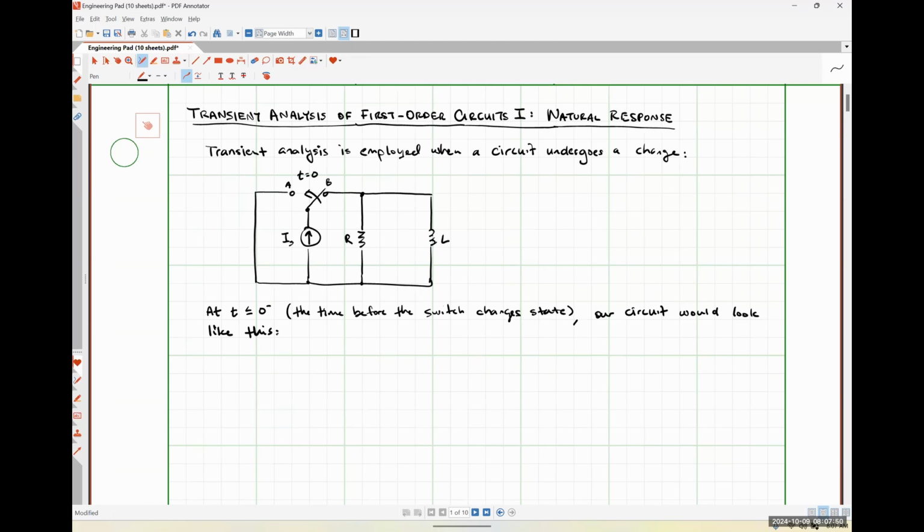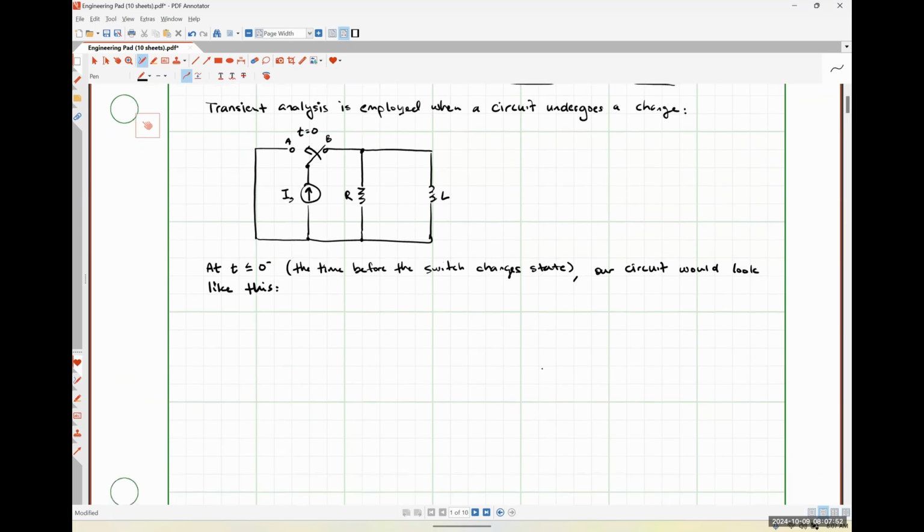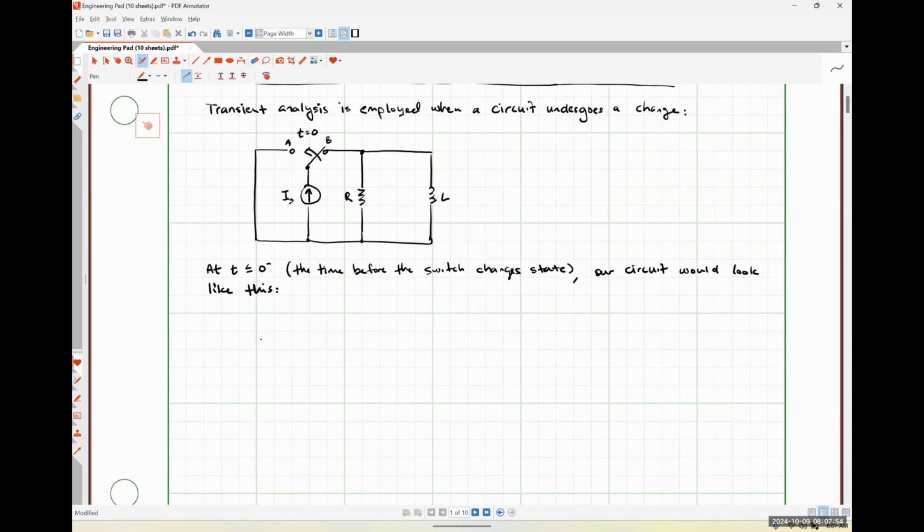Okay. So for our simple DC circuit representation, here's terminal A. It's going to be open circuited. Here's our current source. It's going to be closed at B over here.